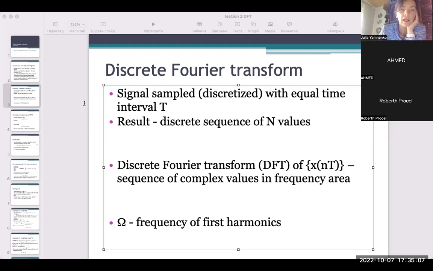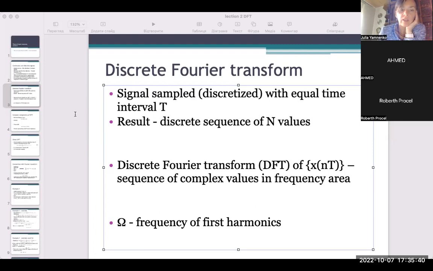These replacements are, firstly, instead of the continuous original function f from t, now we place x from nT. Even from this notation, you can understand that this is a discrete function, unlike f from t. F from t is a continuous function because we have continuous time in the brackets, as a variable. Then instead of round frequency omega, we put k omega capital.